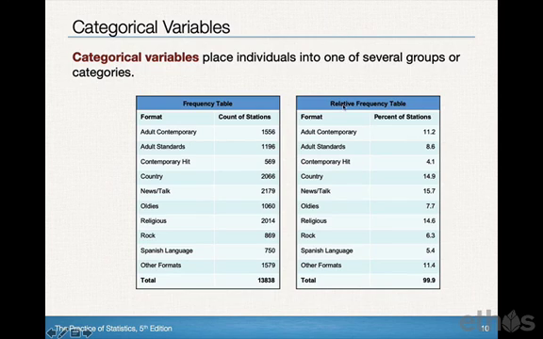Versus a relative frequency. Relative means in relation to other categories. So that adult contemporary category was 11.2% of the data, and necessarily the percentages should add up to 100% or close to 100% with rounding issues. And that's fine if it doesn't round perfectly, okay? Down here, this would be the total number of radio stations in our sample.